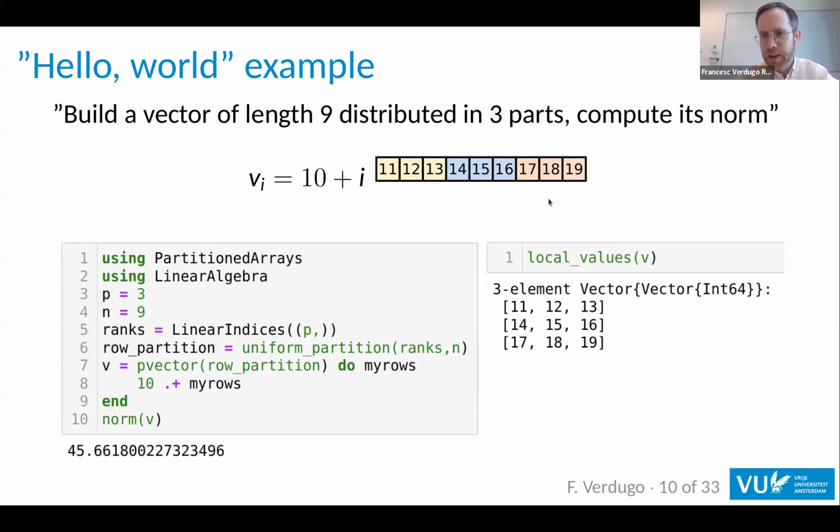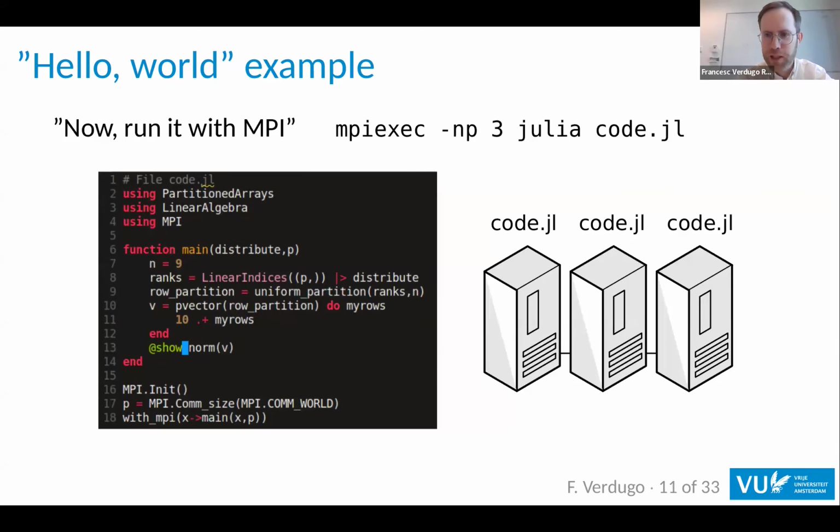But of course, at the end of the day, once we know that we have a valid code and we have done the debugging in this sequential mode, we also want to run large computations on supercomputers, right? The same code with really small modifications can also be deployed in a computer cluster. This is essentially the same example, but now you need to copy all the code into a file. We are not working with Jupyter notebooks on clusters yet, so this is one of the future projects actually.